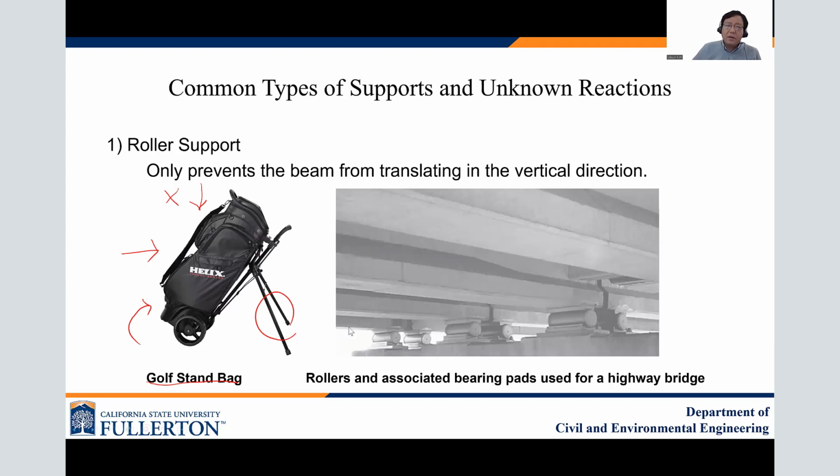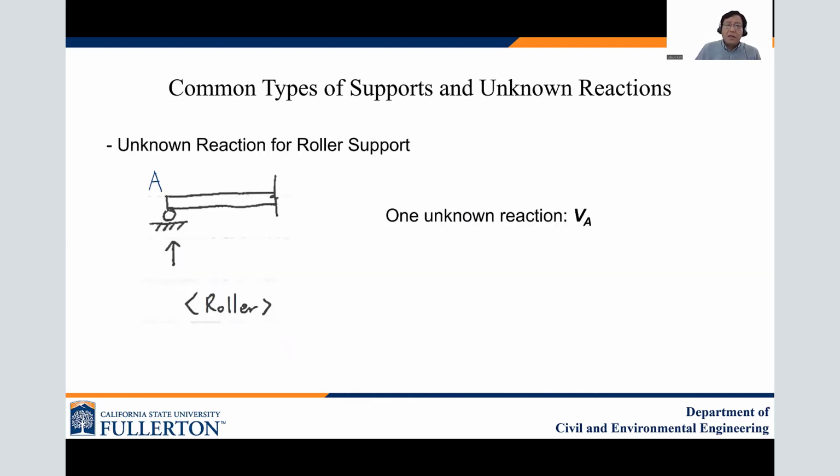This picture shows the rollers and associated bearing pads of a highway bridge. In this slide, you can see that this symbol represents the roller support, and others also use this symbol as a roller support too.